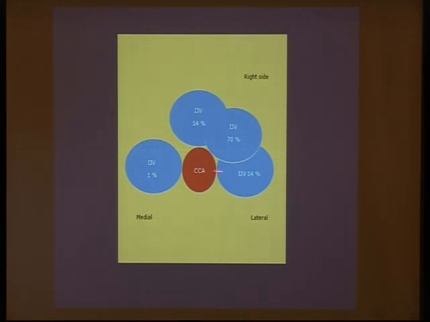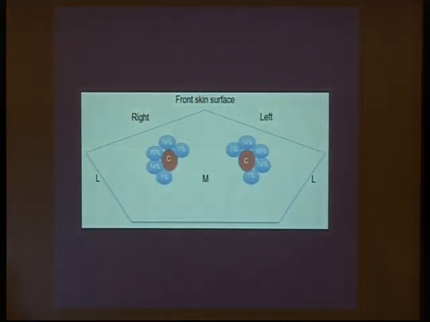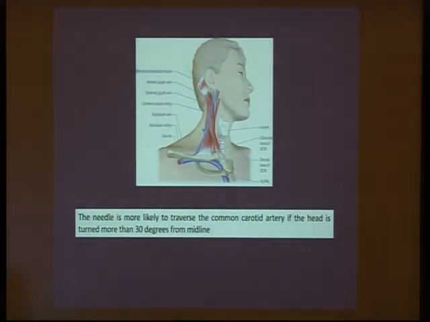But we also have a 15% possibility of having the vein here, or even medial. That's why ultrasound location is very important. Again, don't turn the head too much, only 30 degrees.